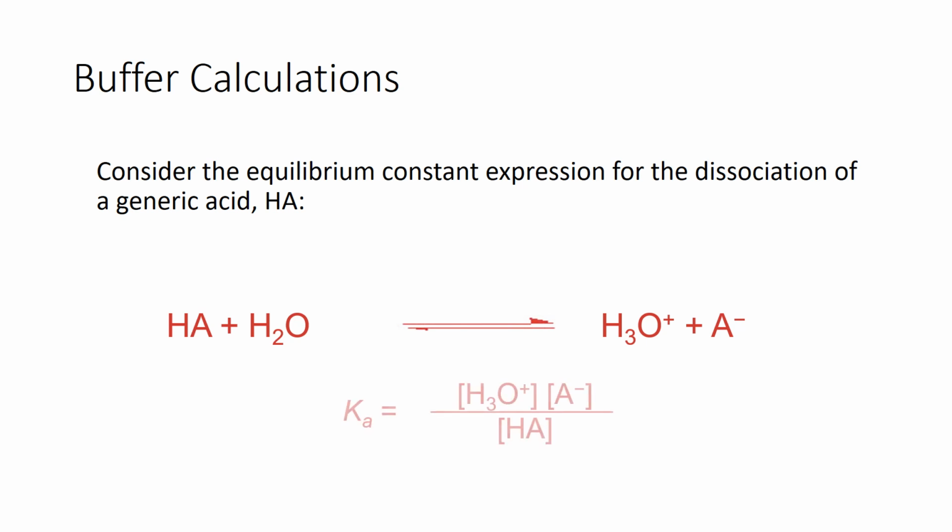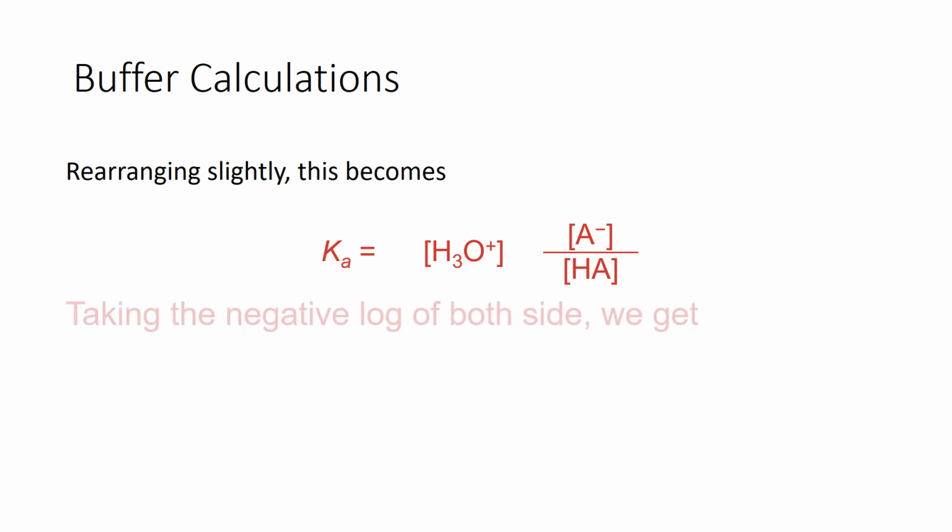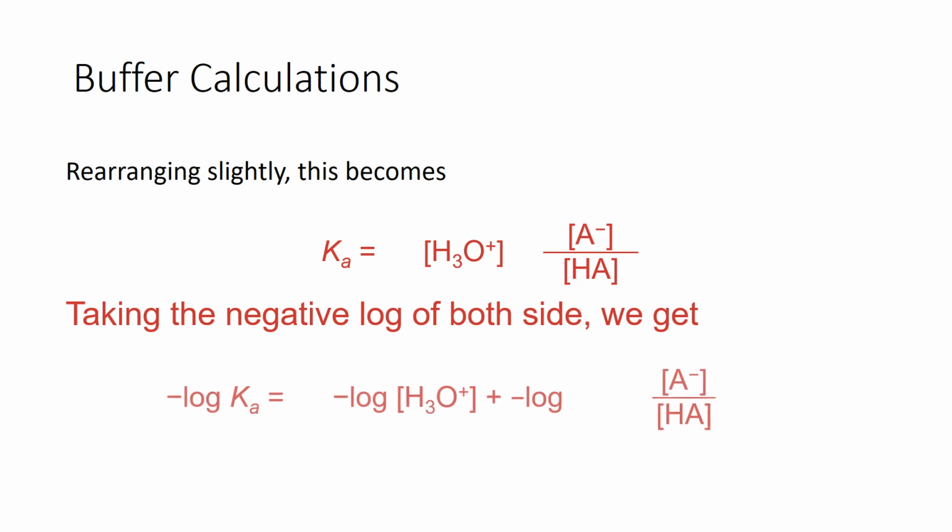So when you consider the equilibrium constant expression for the dissociation of a generic acid, HA plus water gives us H3O plus and A minus. So Ka will be the hydronium ion times the anion divided by the acid. When we rearrange this, this is what it becomes.